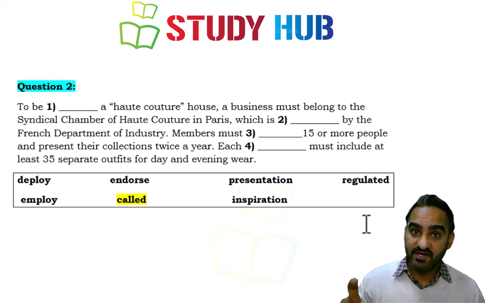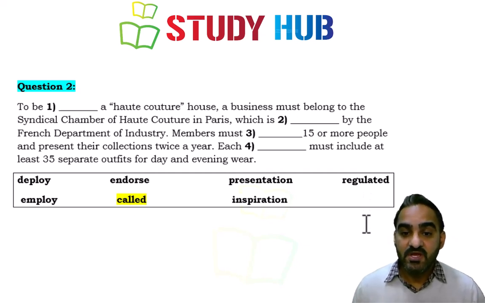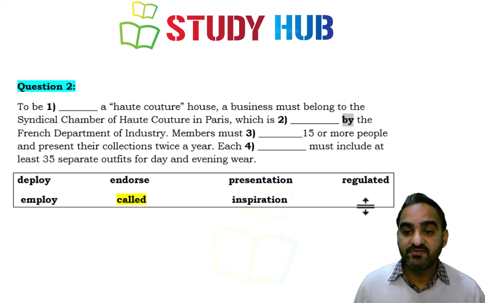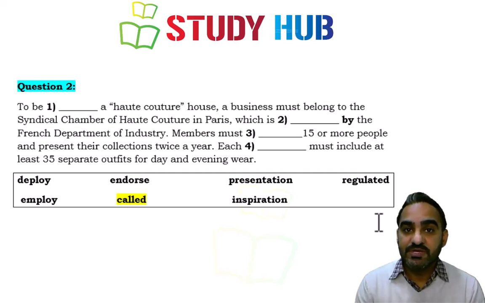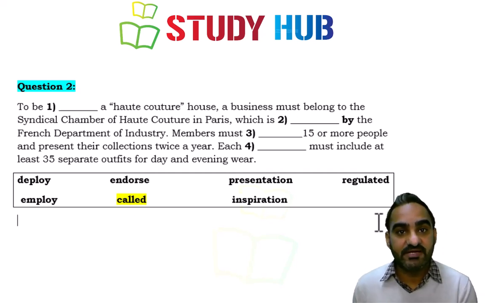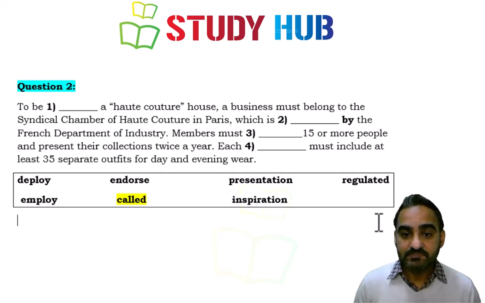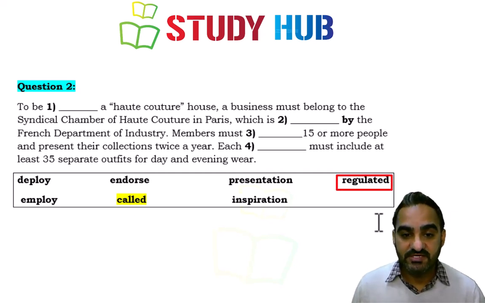We will look at whether regulated is making sense as well. Which is regulated by. So another logic that we apply is if there is a preposition after the blank, by, on, to, with, we need to make sure that that word is collocating as well. That's called collocation. Which is regulated by the French Department of Industry, which is regulated by someone, it is making sense. So the answer for the second one will be regulated.